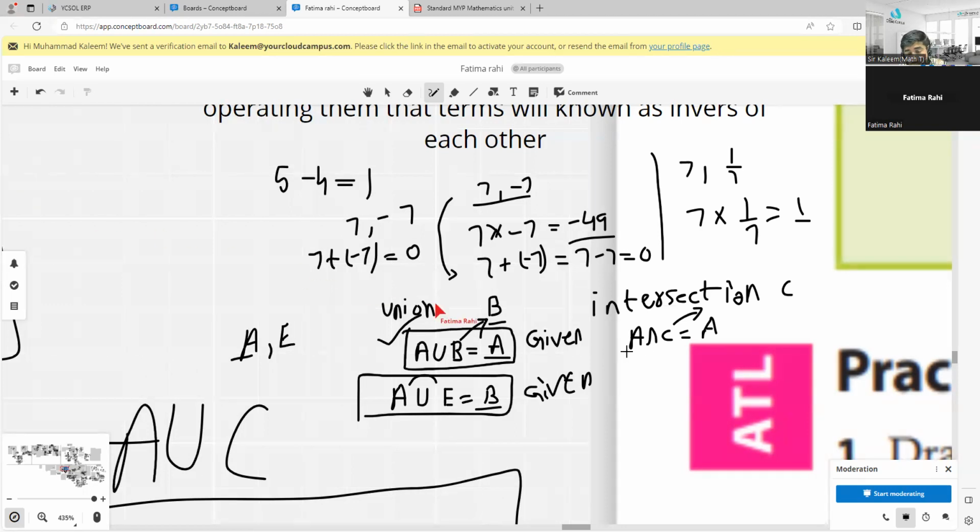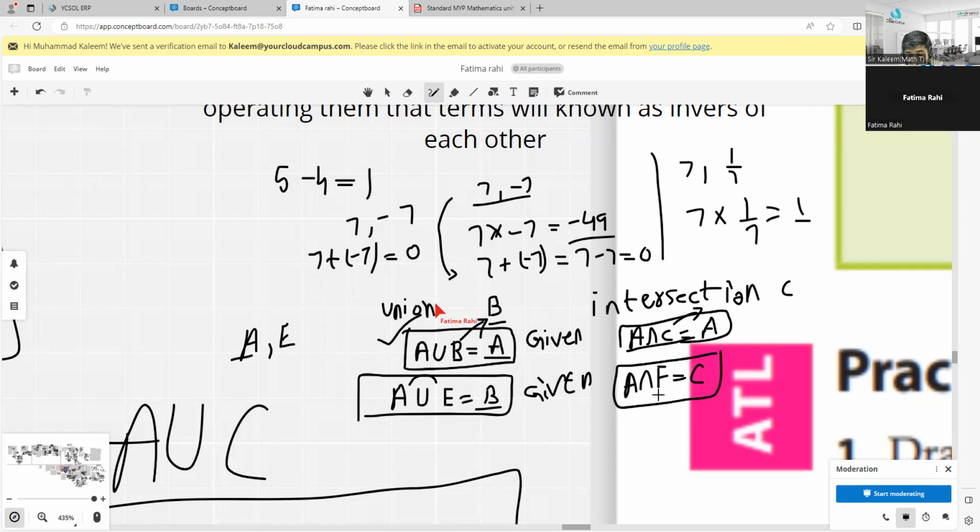Okay, same for the intersection. Here they gave that A intersection C equals A, so it means that C will be our intersection identity. So when we operate A with F, we get C. This is given in the question. We have to make a statement from this given value.